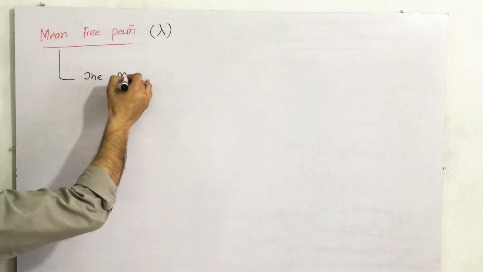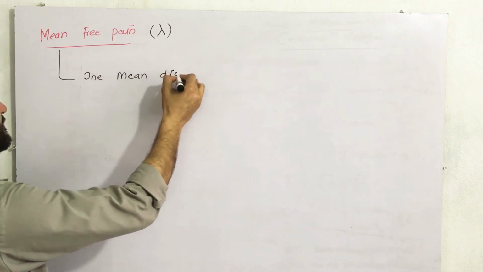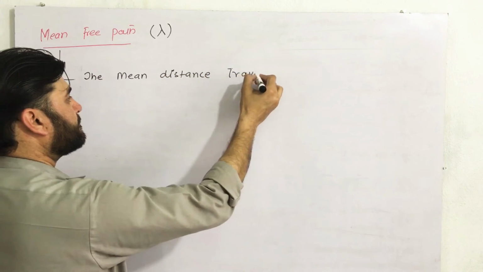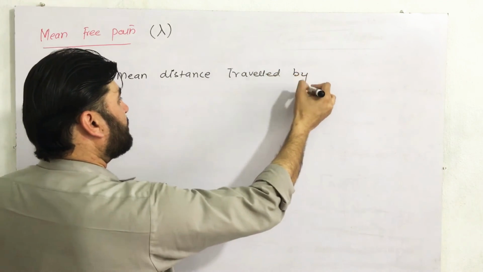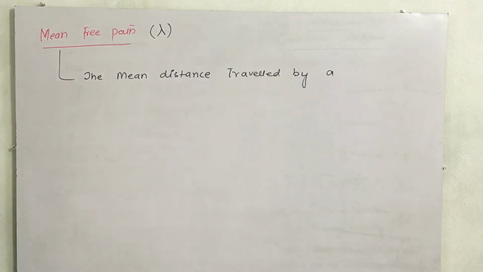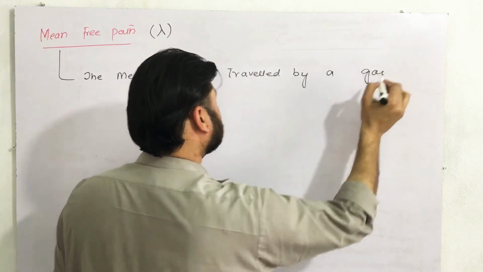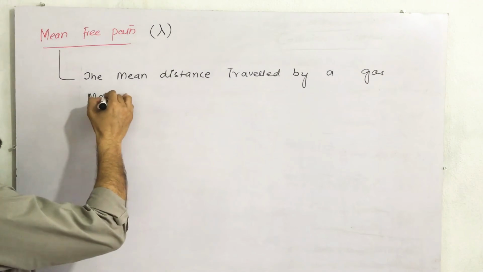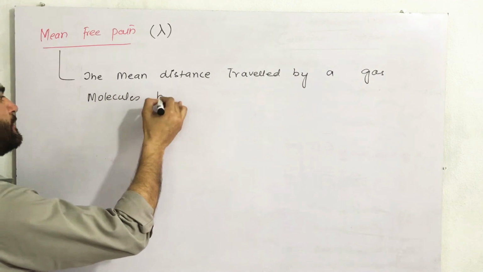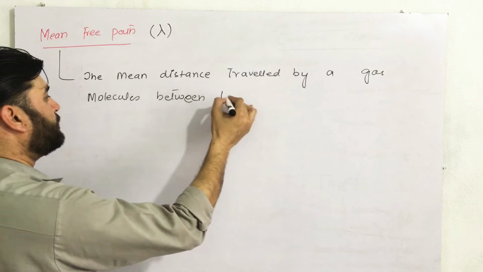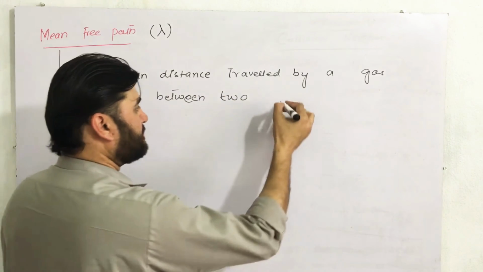the mean distance traveled by a gas molecule between two successive collisions.